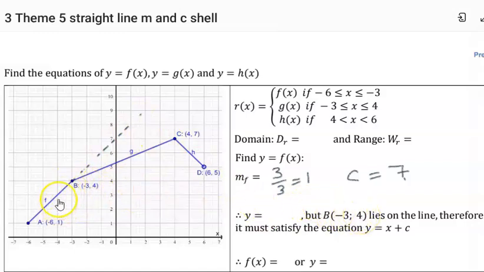We know it lies on the graph, so we can substitute it into this formula, y equal to 1x plus c, but the y is now 4 and the x is equal to minus 3, plus c, and then we will calculate c to be 7. So that's another way to find the value of c.